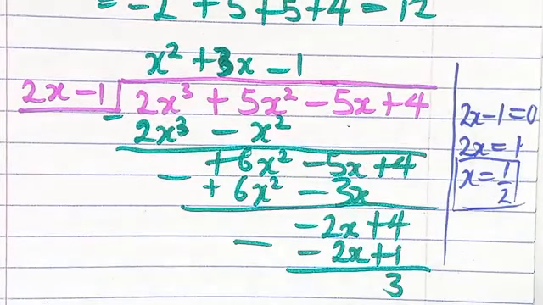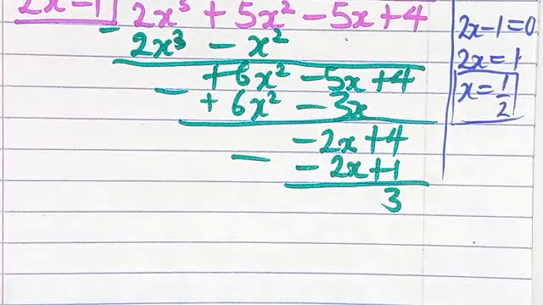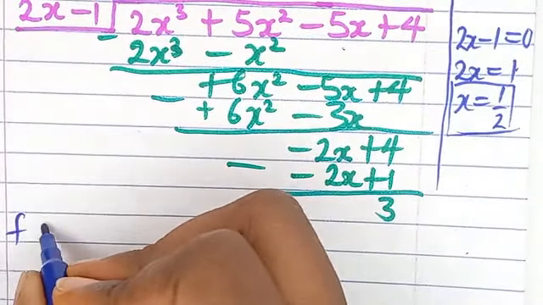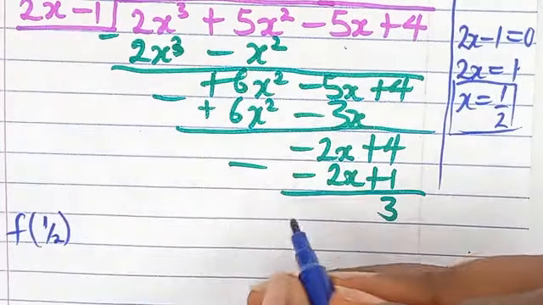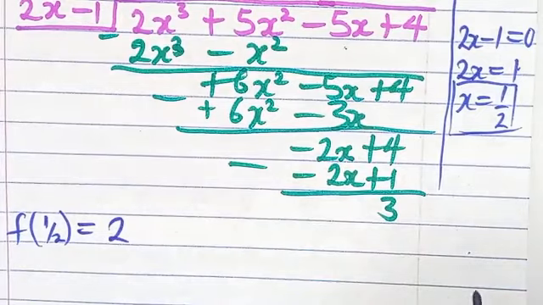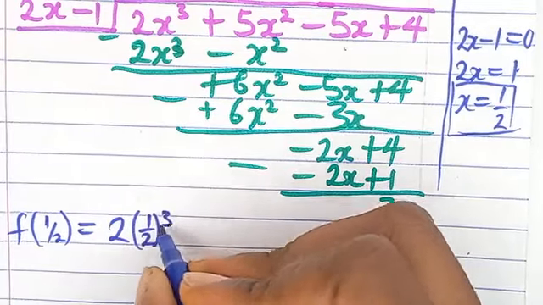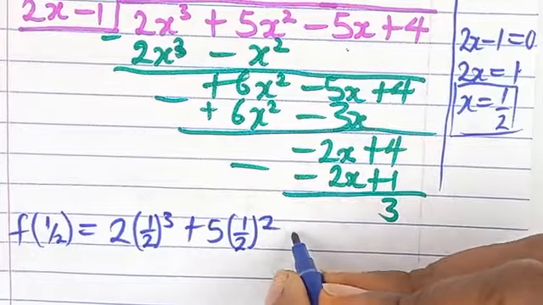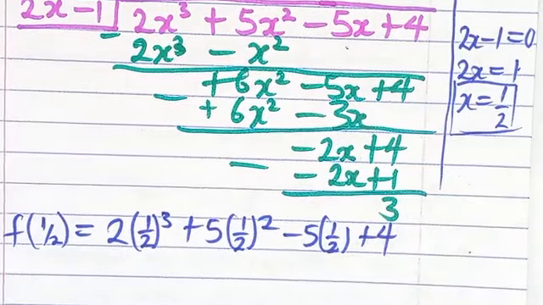So when we solve for half of that value, we have 2 times half raised to power 3, plus 5 into half raised to power 2, minus 5 into half, plus 4.